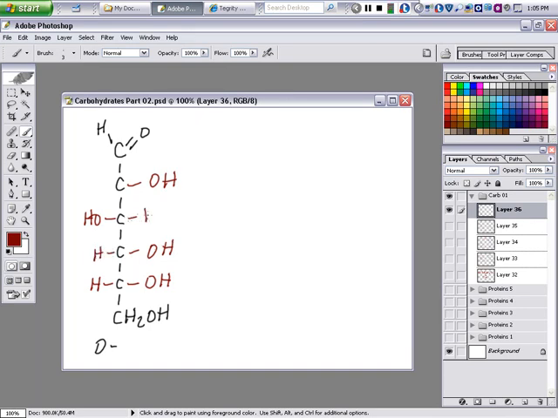And what's that one thing? Exactly. Just remember that number 3 has what configuration? S. That's all you need to remember, and then you will always draw glucose. Just make everything else R. All you need to remember is to make number 3 S. And so this is D-glucose.